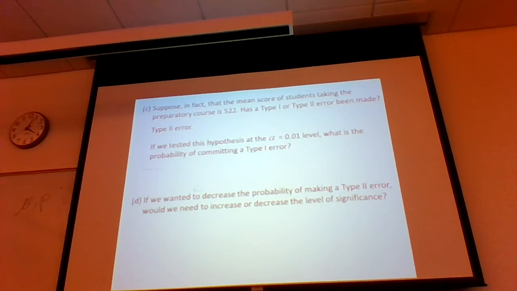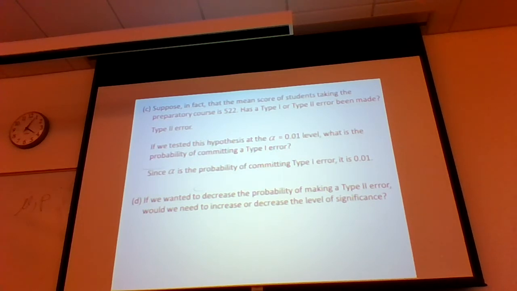The next statement says, if we tested this hypothesis at an alpha level of 0.01 or 1%, what is the probability of committing a type 1 error? Well, that's just that number, 0.01. When alpha equals 1%, that's the probability of making a type 1 error.